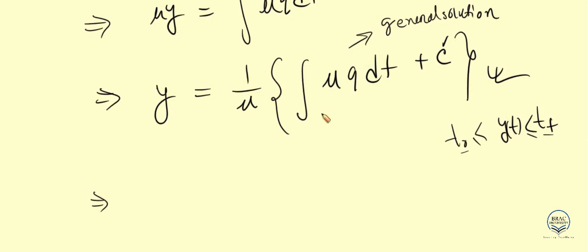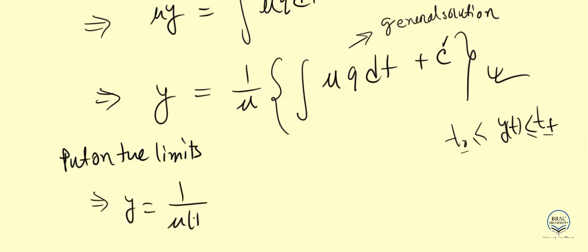So if you just put on the limits over here. So let's put on the limits. This will be, obviously I'm now taking the dependencies as well. So I'm just explicitly showing these dependencies that I didn't show in the earlier line, but you can do that or you can leave that, it's up to you.